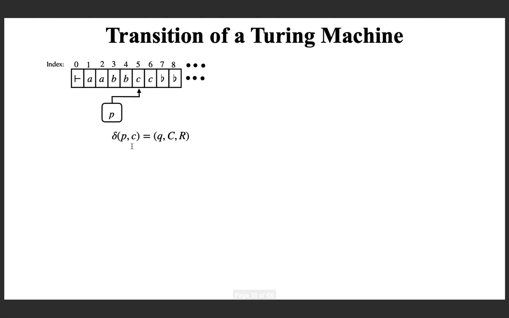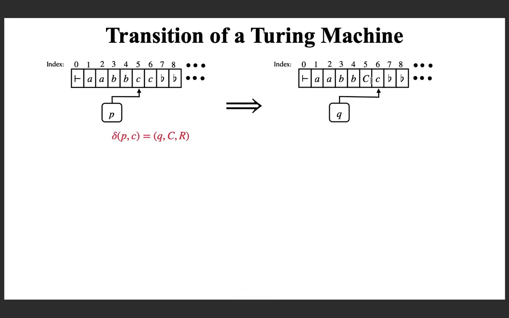Suppose you have this: if you are in state P reading c, then change your state to Q, replace small c with the capital C, and move the read write head to the right. If you apply this transition, this is what happens. Previously the index was 5, now it is 6 because we moved right. The state is changed from P to Q. And so the configuration change is this.